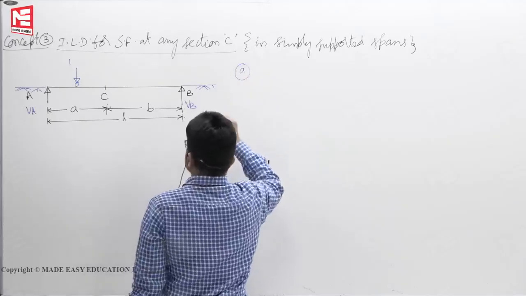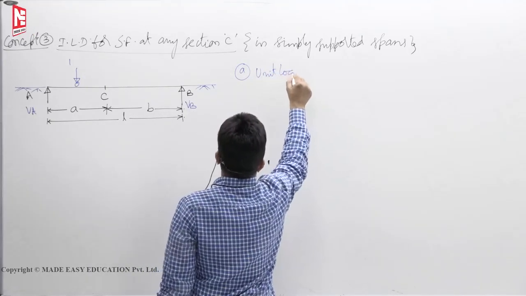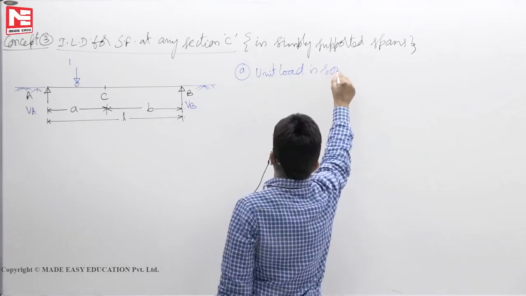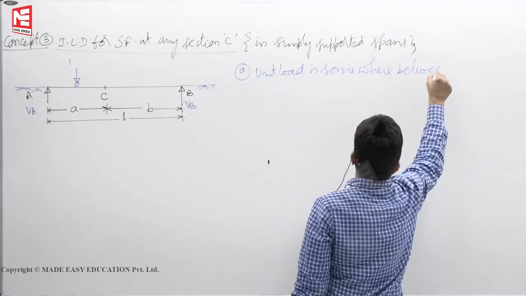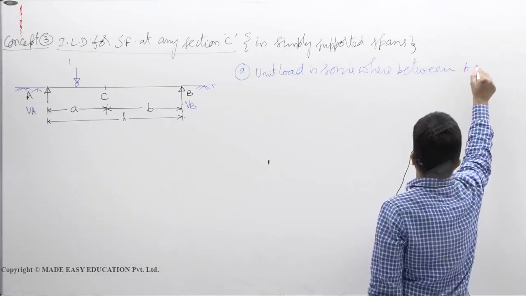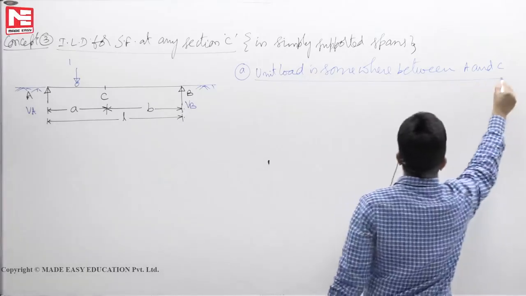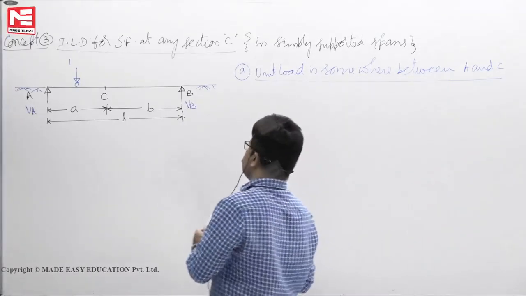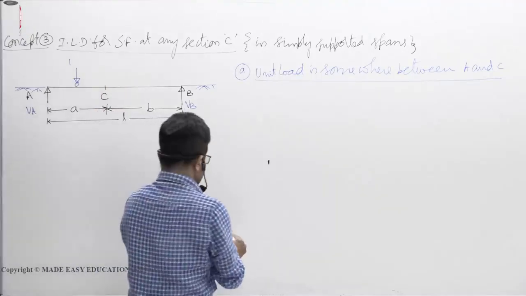First we will take up first point. Unit load is somewhere between A and C. When unit load is somewhere between A and C, here, how to find shear force at C?